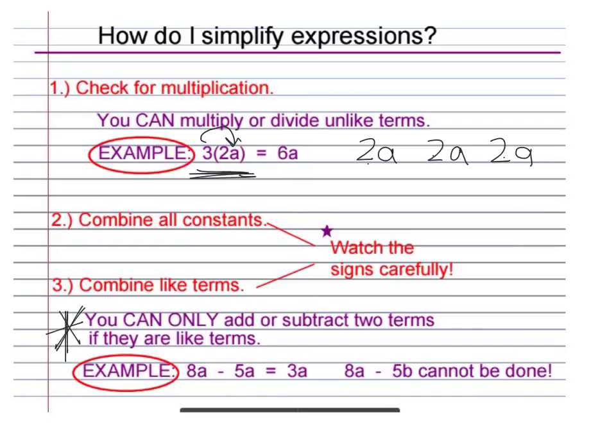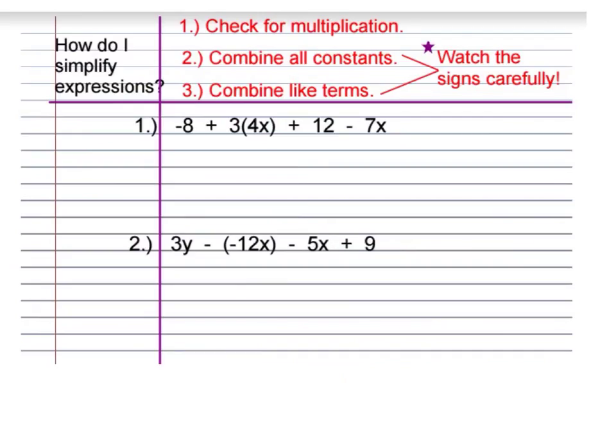We can only combine two terms together if we're adding them or subtracting them if they have the same variable. So for example, 8a and 5a can be combined because they both have an a. But 8a and 5b could not be combined because this one has an a and this one has a b. Those are not like terms. They're different variables.